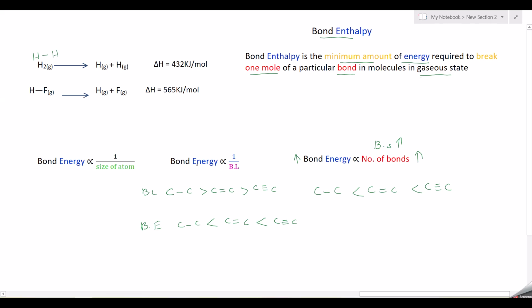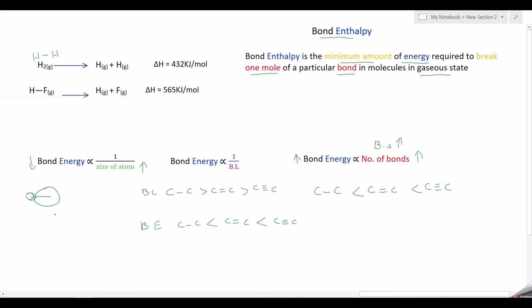So this is about bond energy and bond length, and then we'll go to bond energy and the size of the atom. So as the size of the atom increases, the bond energy decreases. You take a bond like this. If you have a very large bond length, then it will be very easy to break.